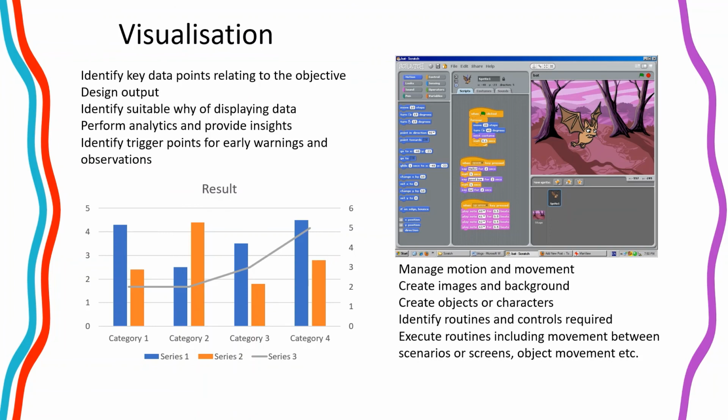Now, from a visualization point of view, I think there's 2 parts to it. The one is that in terms of data handling, and I know that's quite an important mathematical concept, we be able to visualize in terms of managing graphs. On the other side, and that's more of a fun one, you could utilize visualization to explain movement, by writing games where objects can move, and with that come all the mathematical concepts.